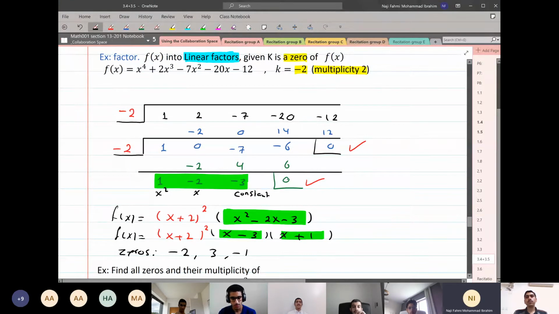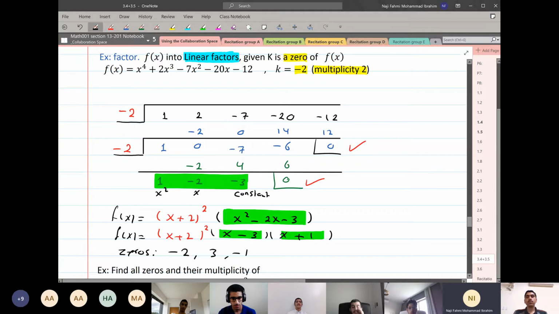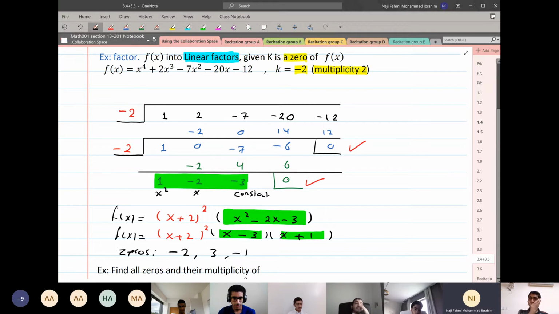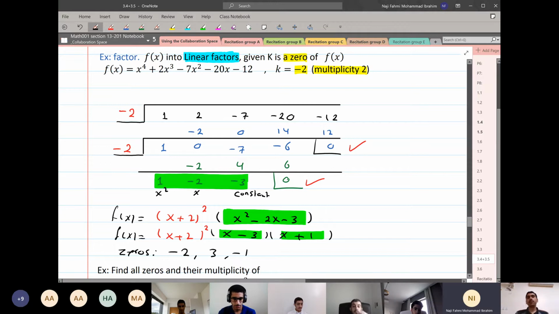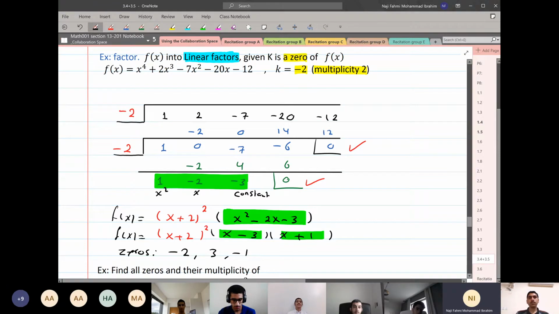How many zeros do we have right now? 3. And if you remember, we said last time, the number of zeros of a polynomial is less than or equal to the degree. What was the degree in this question? 4. So the number of zeros is less than or equal to 4, and it will be greater than or equal to 1. So the number of zeros is between 1 and 4.